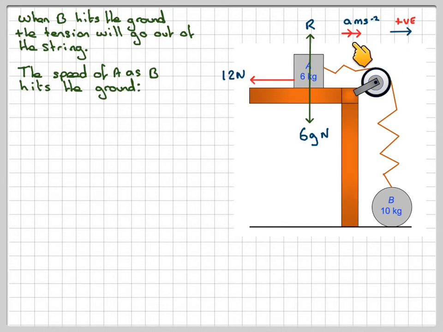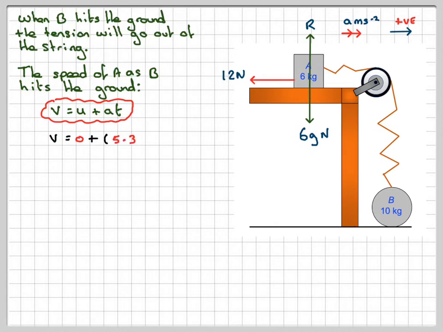If we use v is equal to u plus at, as it actually hits the ground, the acceleration will be 5.375, because these two will have the same acceleration at that particular time. That's going to give that the velocity as B hits the ground being 3.225 meters per second.